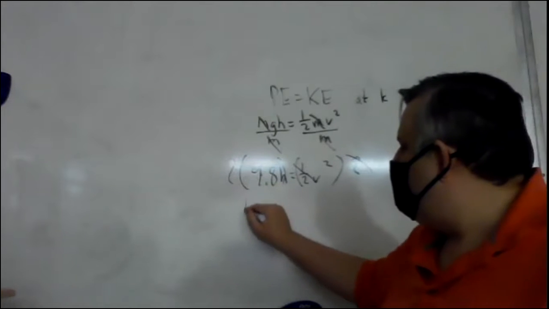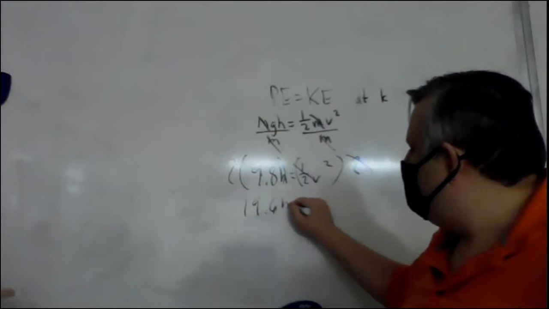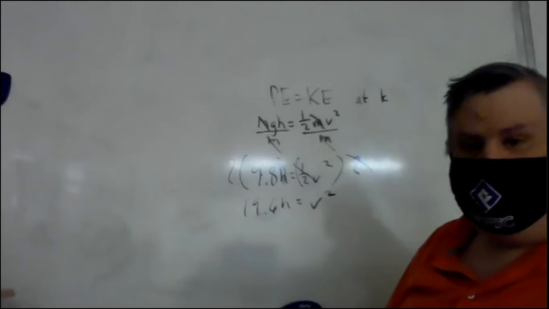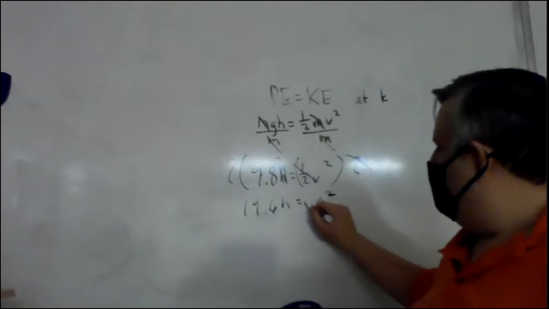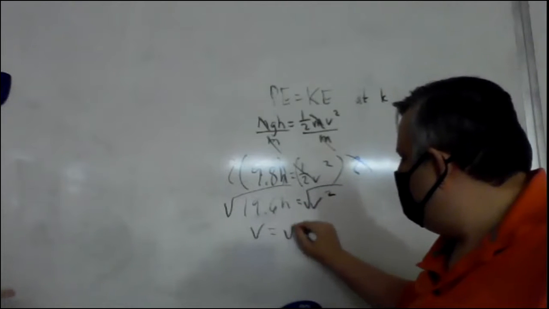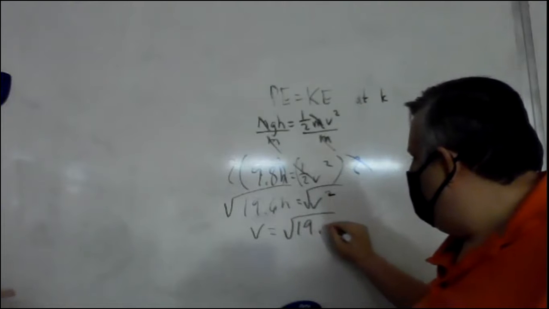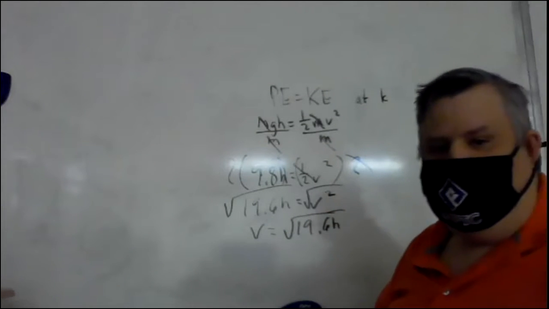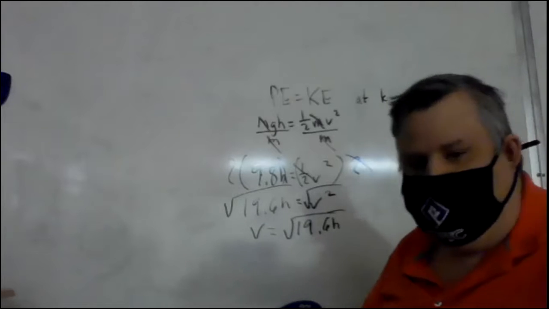And 2 times 9.8 is 19.6. I now have v squared is equal to 19.6h. I take the square root of both sides. What I get is this formula right here. The velocity is equal to the square root of 19.6h.